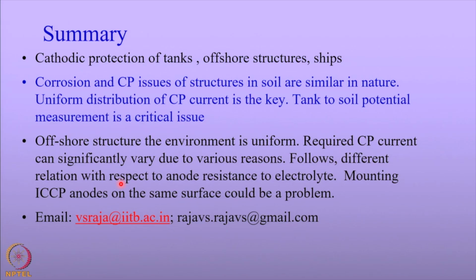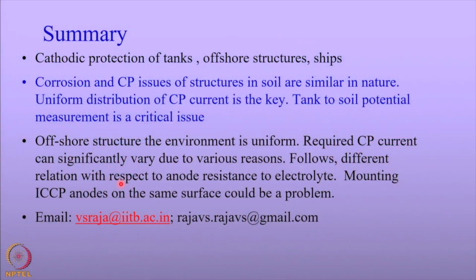In terms of corrosion issues, uniform distribution of cathodic protection current is the key for effective protection of tanks against corrosion. One issue very specific to tanks is that measuring the soil potential at the center of the tank is problematic. We also saw how to work on the problem.